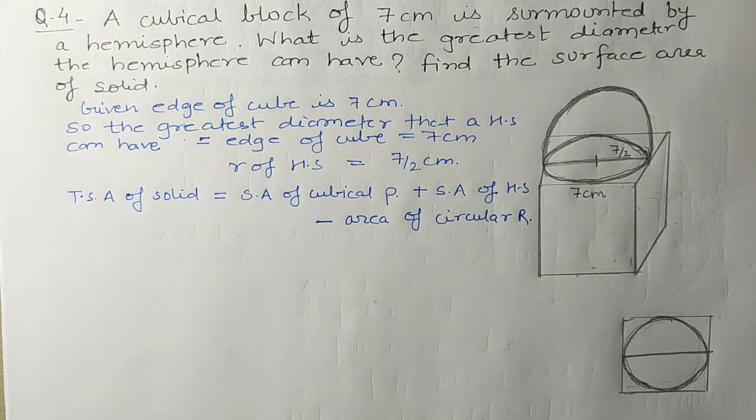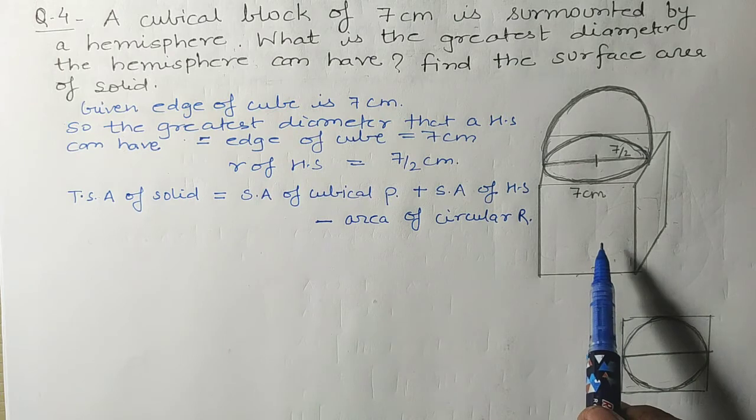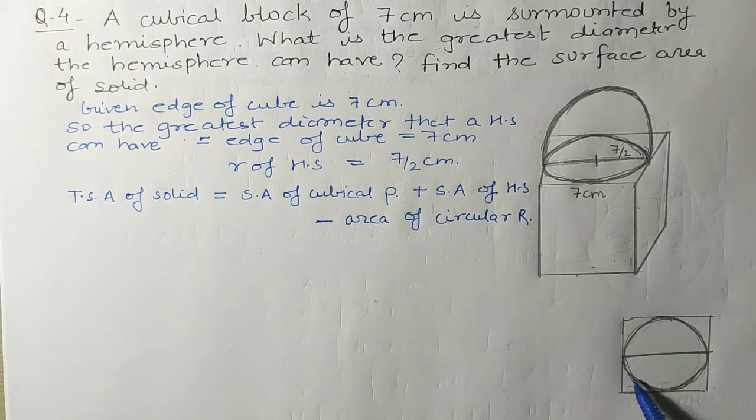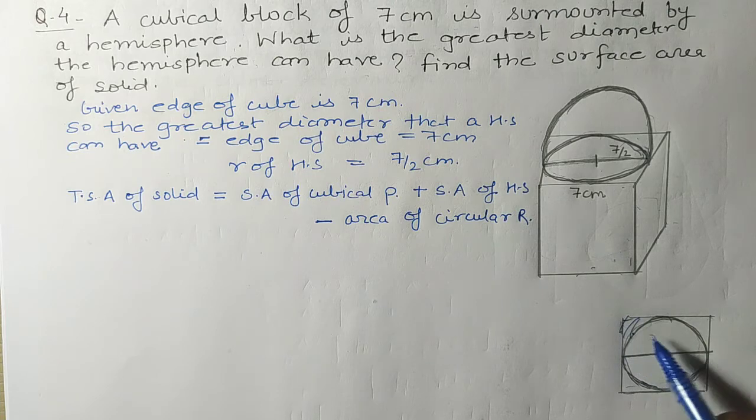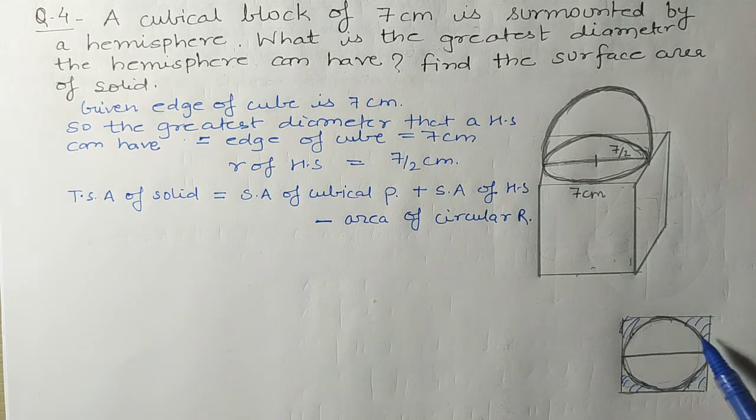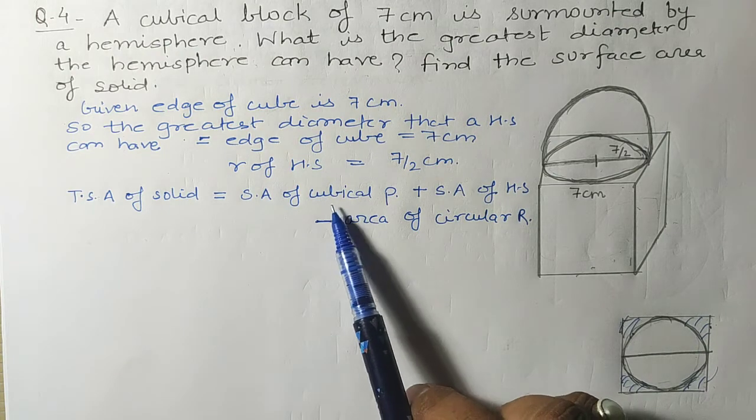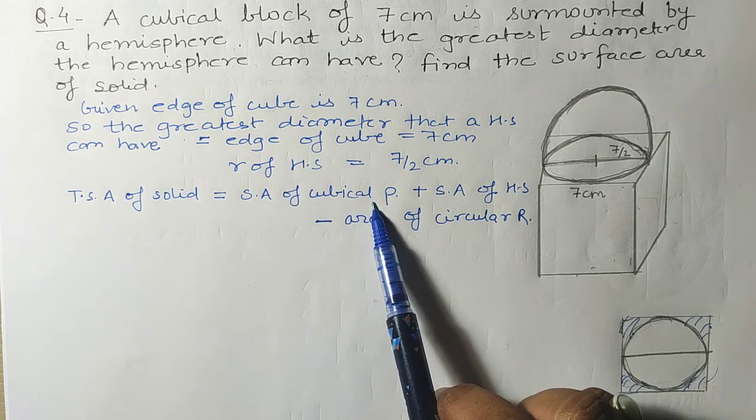Why are we subtracting? Because all 6 surfaces are complete, but because of the base of this hemisphere, this surface is disturbed. So at this surface we will take only this part. How will we get this part? When we subtract this circle from the surface. So basically this surface is added here in the surface area of the cubical portion.